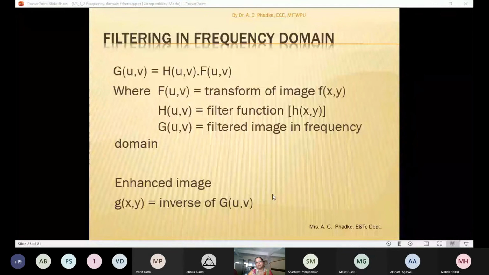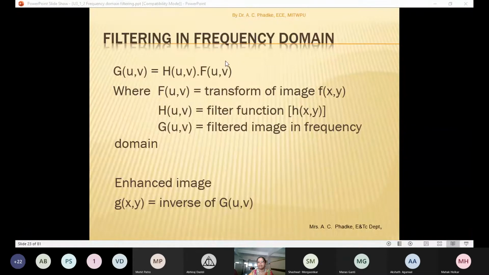So how do we perform filtering in the frequency domain? Basically, we take the Fourier transform of the image. If our input image is f(x,y), we transform it to the Fourier domain by using one of the transformation techniques like the discrete Fourier transform. So F(u,v) represents the transform domain image. Then we multiply it with the filter function, where H(u,v) represents the filter function.